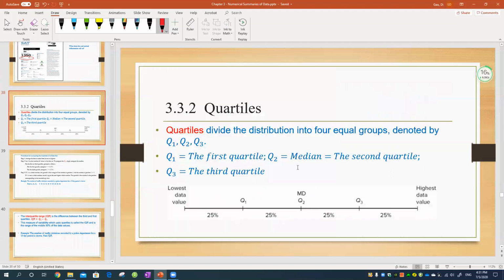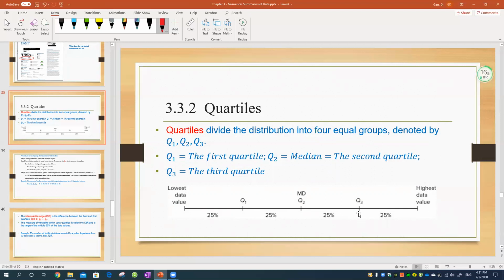Now in part 2, let's talk about a special case of percentile, which is called quartiles. Quartiles divide the distribution into 4 equal groups, denoted by Q1, Q2, Q3. If we look at the picture, this is the entire population. You have 3 numbers to separate the whole population into 4 equal groups.